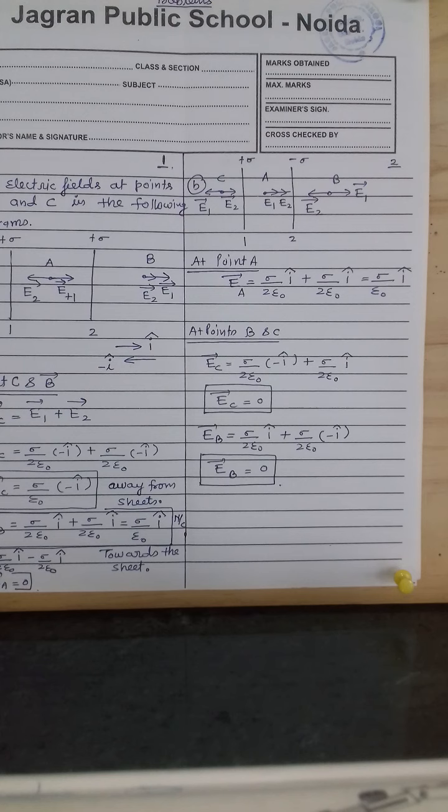It means when you have the combination of two charged metallic plates but they are oppositely charged, then electric field in between the plates would be sigma upon epsilon naught I cap. You have also done when you derive the capacitance of the parallel plate capacitor. Okay, you need intermediate electric field which comes out to be sigma upon epsilon naught I cap.